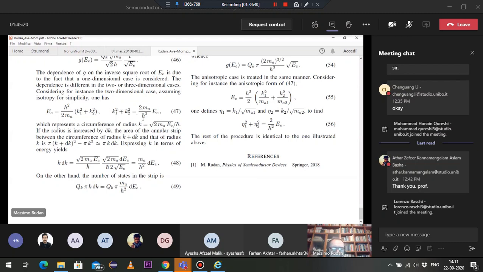whose radius is the square root of the right-hand side. So when we extend a circle, we obtain an annular strip, an annulus, and we must calculate the area of the annulus. This is easy, because the area of the annulus of radius k is pi k squared.